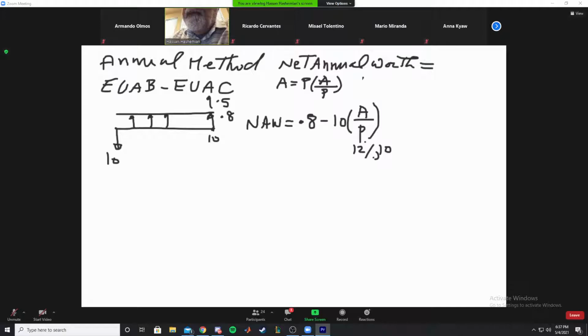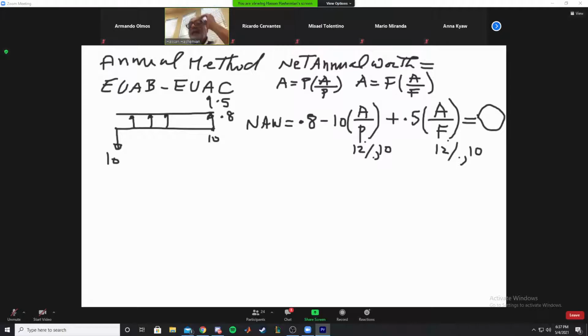So to get the annual, I have to multiply F by A over F, correct? So that will be plus 0.5 times A over F at 12% and 10 years equal to. All right, so that's how I find the net annual worth of alternative A. As you see, it is very simple. You don't have to duplicate that.